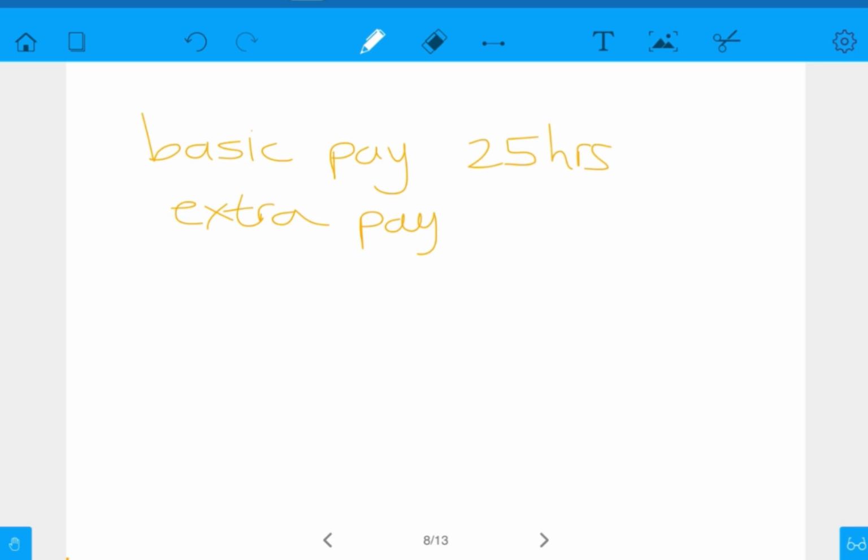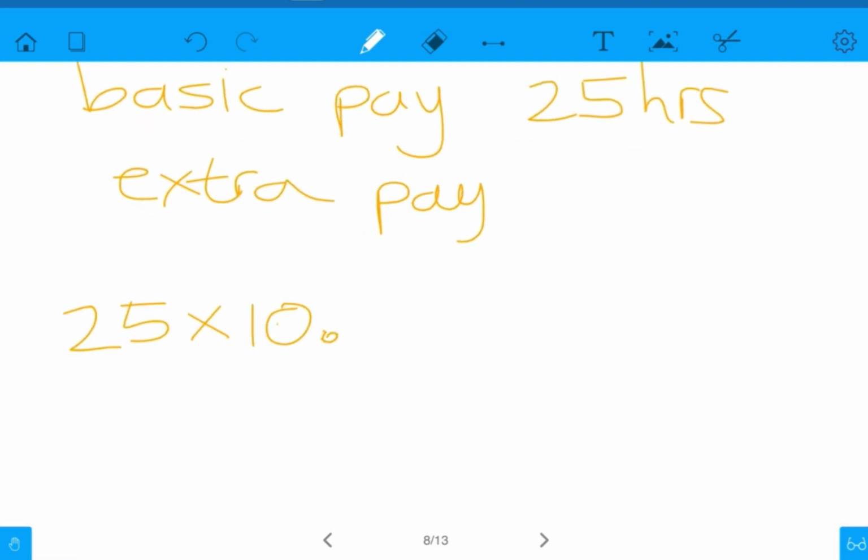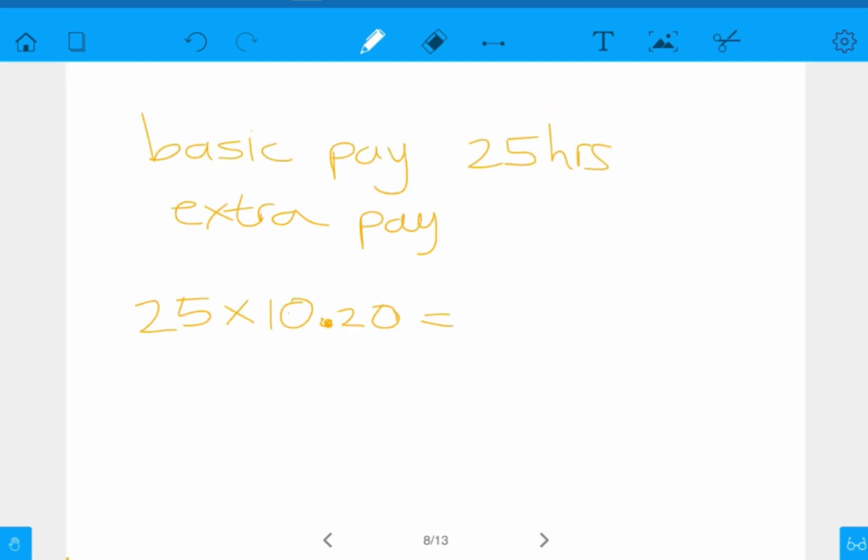The basic pay will be 25 times £10.20, which is £255. During the weekend, he works a total of 5 hours.